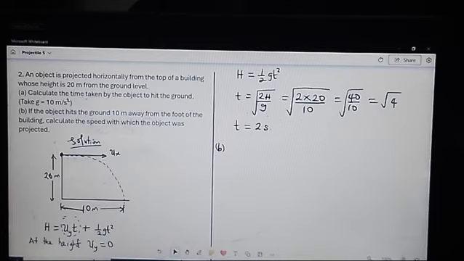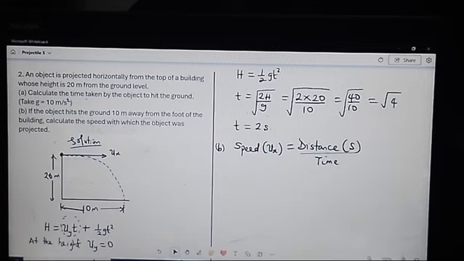What formula are we going to apply? We simply apply the formula involving horizontal motion. So we can say speed is equal to the horizontal distance all over time. Remember, the same time it takes for the vertical motion is the same time it takes for the horizontal motion.